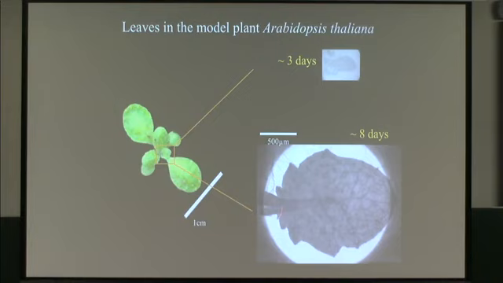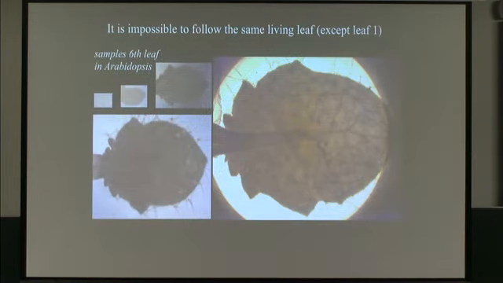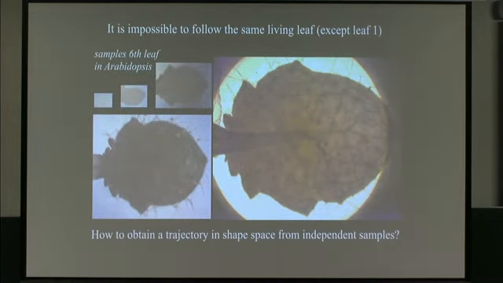Here this leaf has one pair of teeth, and the shape is more complex at later times. The leaf grows by a factor of about 1,000 in a few weeks. So what we are interested in is how to obtain a trajectory in shape space from independent samples.